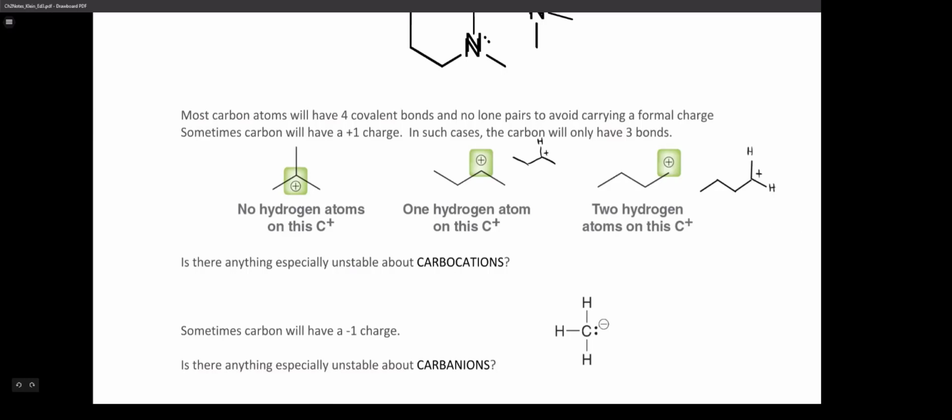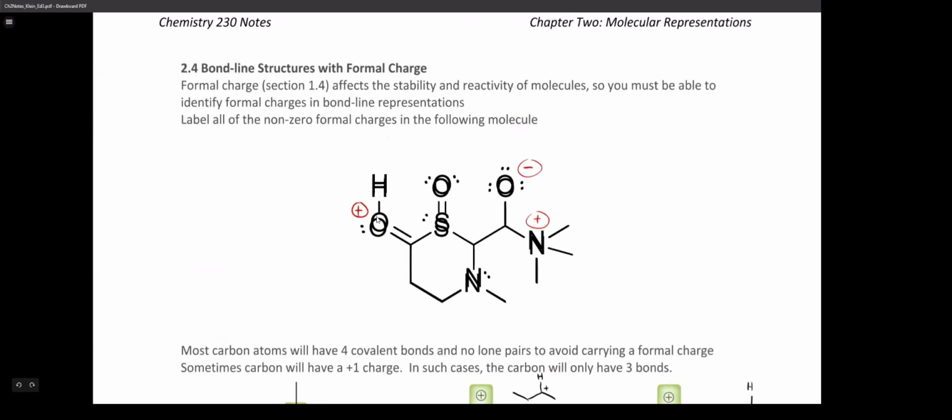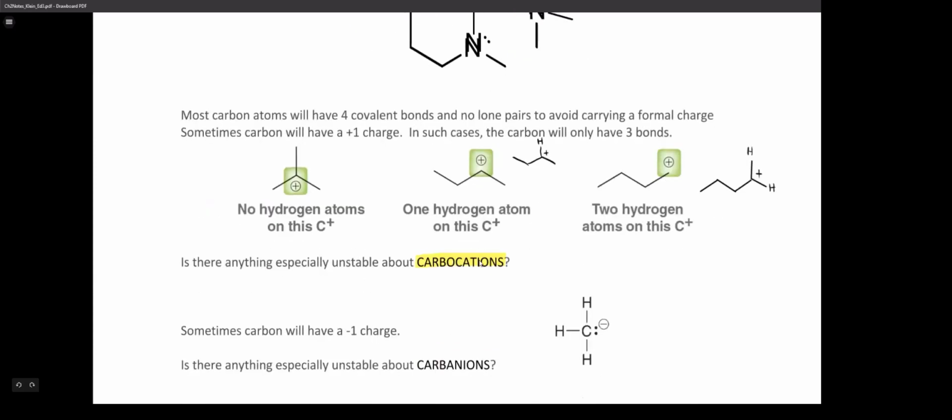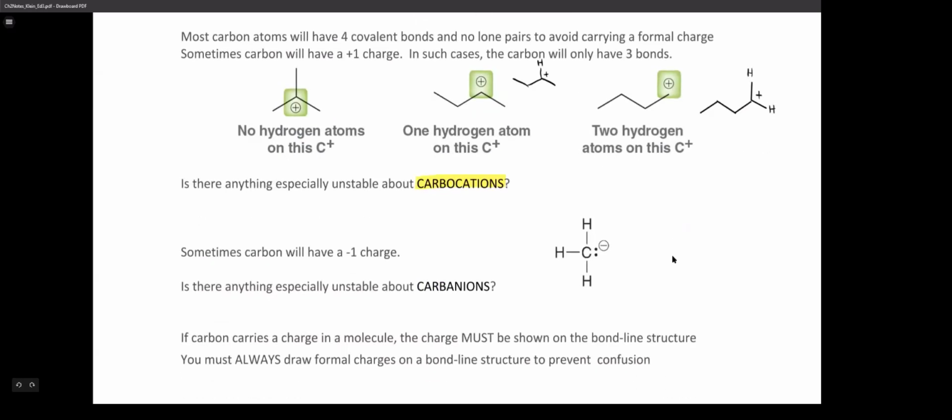That term is extremely important. Those are called carbocations. Okay. So nitrogen is a cation, this oxygen is a cation. When it's a carbon, we will use the word carbocation. Carbocations are, in the vast majority of cases, quite unstable. What is it about them that makes them unstable? They don't have an octet.